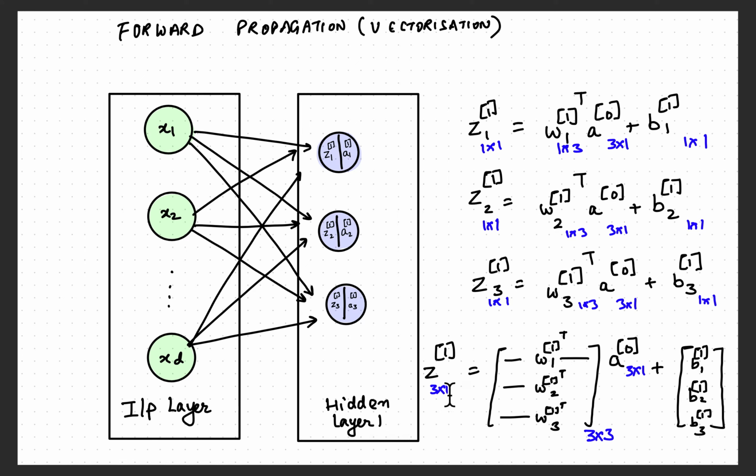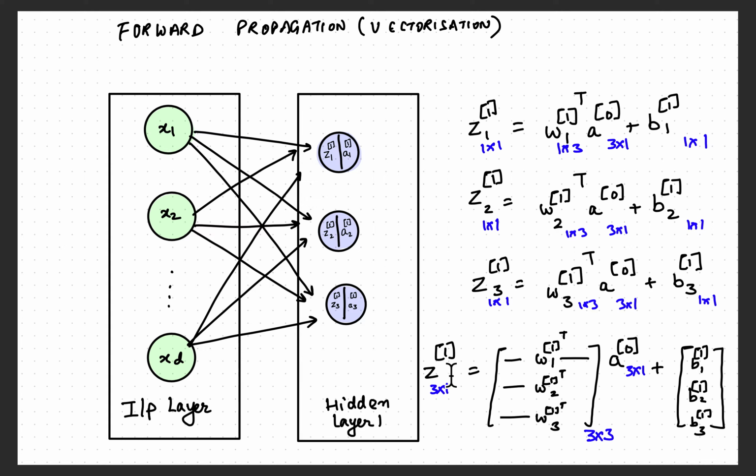So I essentially write this as z square bracket 1. I drop the subscript now, which means that I've considered all the rows, all the nodes in that particular layer. And this can be efficiently written as a multiplication of a 3 cross 3 matrix with A0. A0 is a 3 cross 1 matrix, right?